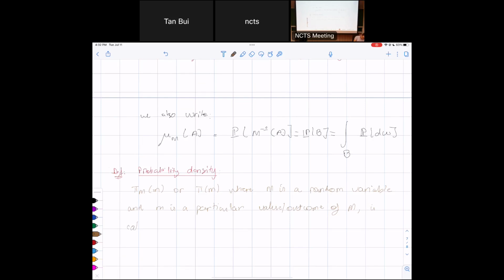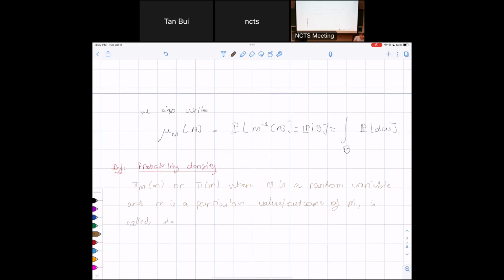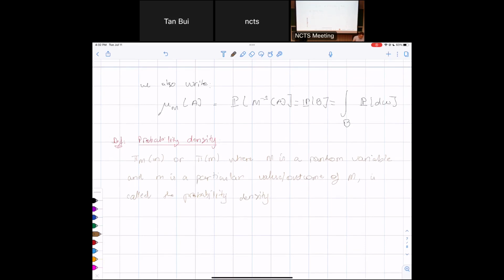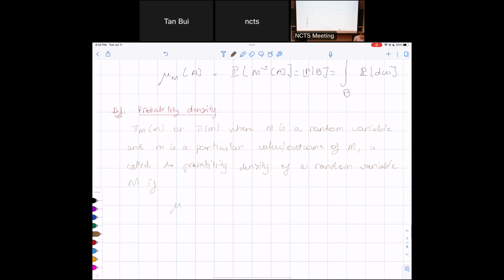Pi M is called the probability density of a random variable, capital M, if, instead of pulling backward into the sample space to measure the probability of a set A in the state space, you can somehow magically find a function that operates directly on the state space.